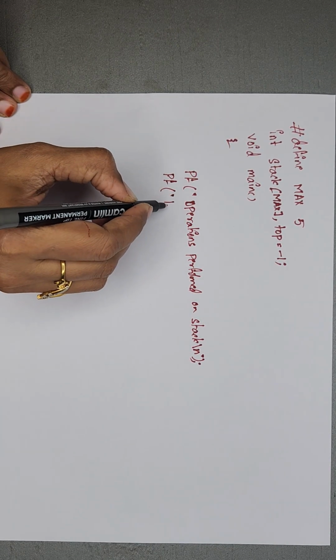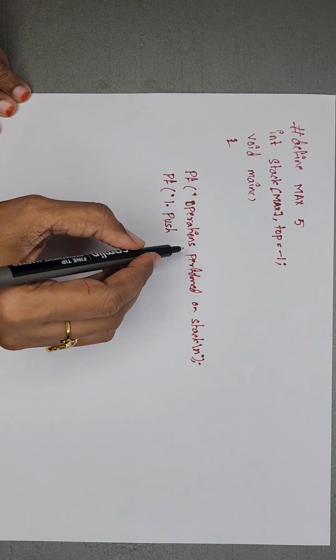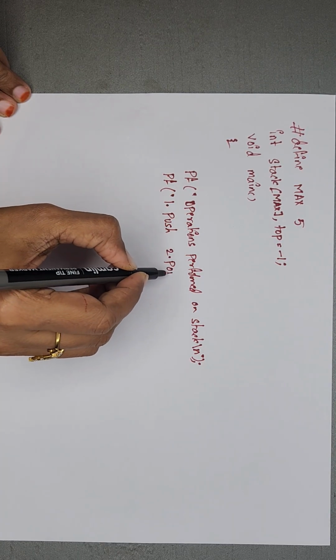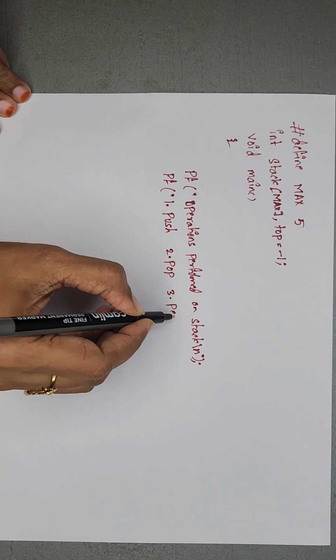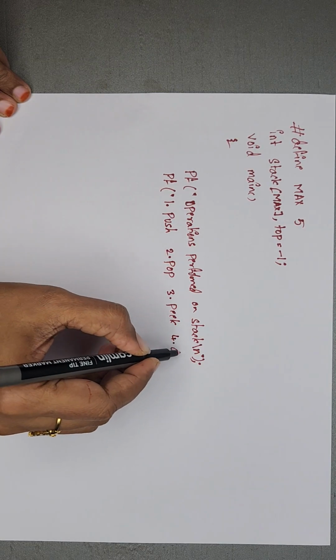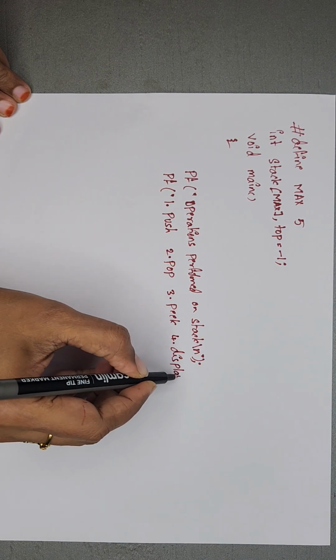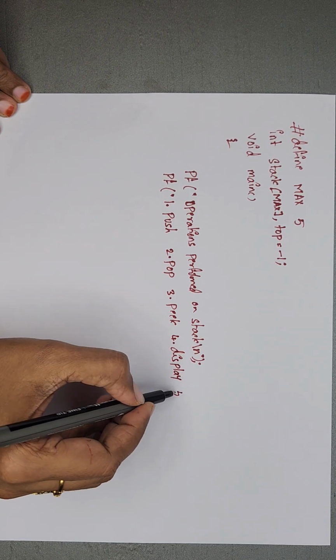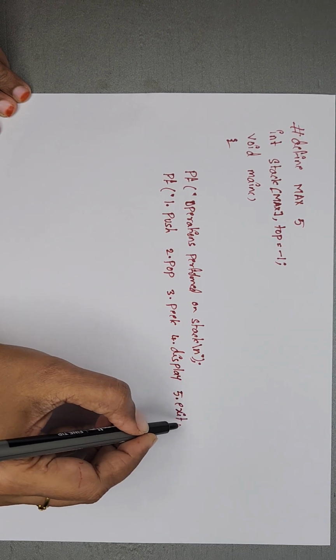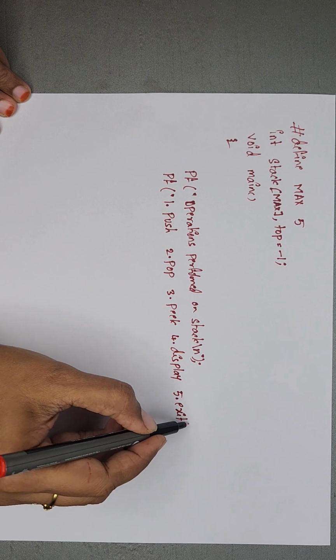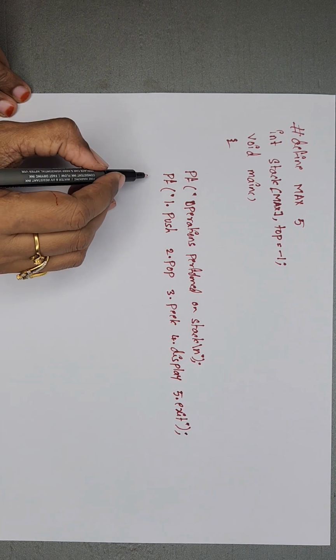So printf: 1 means you can select the push function, you can insert; 2 is pop; and one more is peek; 4 means display. So these many operations you can perform on the stack. And one more is exit. If you don't want to continue these operations, you can simply exit from the program.